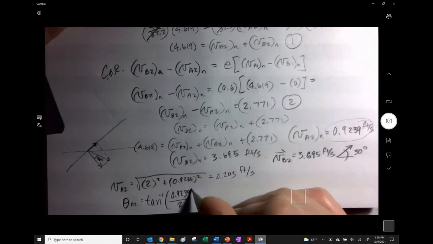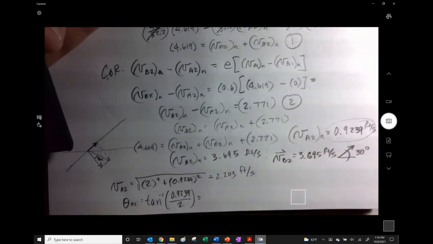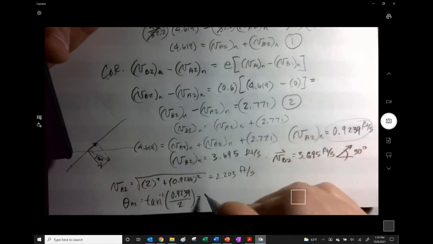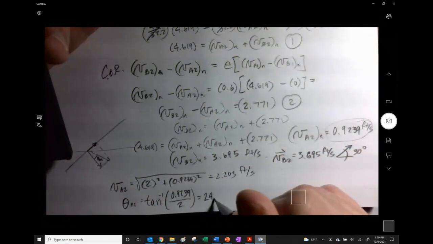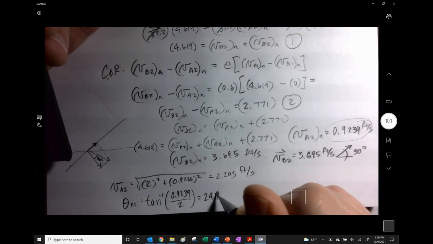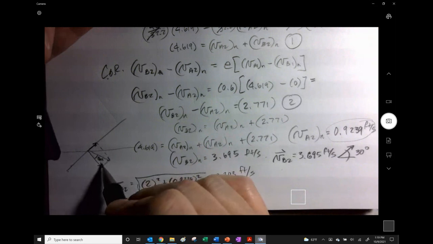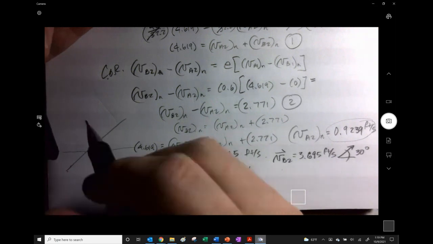0.9239 divided by 2, and you're going to get an angle of, take the inverse tangent of that, and you get 24.80 degrees. But that's from this direction right here.